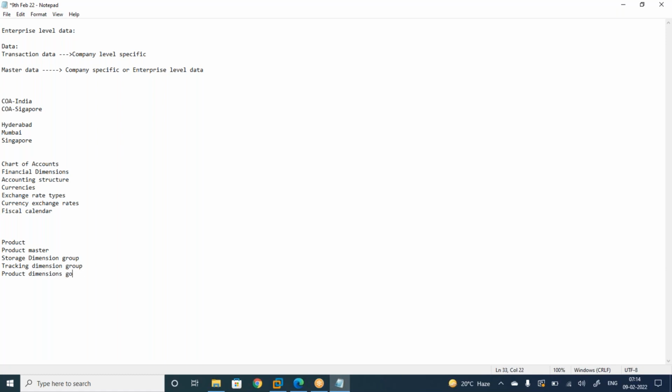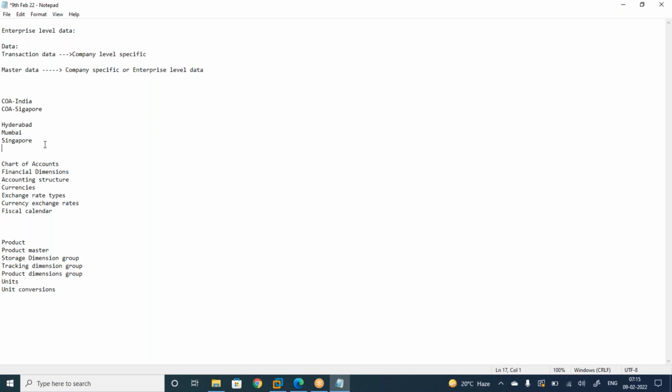All these are enterprise level data. Next, units, unit conversion. All are enterprise level data. Is it clear? Any confusion on this one? Small topic, enterprise level data.